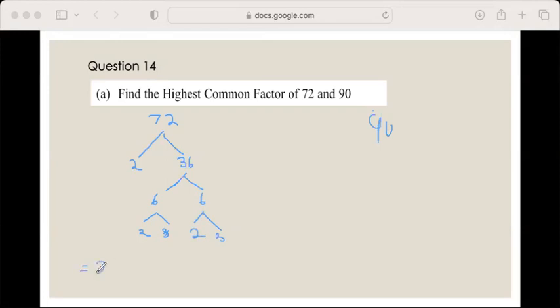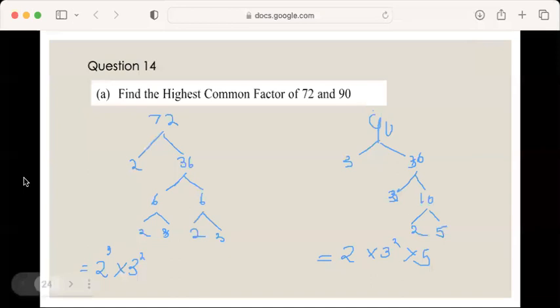That means 2 to the power of 3 and 3 to the power of 2. 90. 3 times 30, I'm sorry, and 3 times 10, 2 times 5. So the prime factors are 2, 3 squared, and 5. Right. I believe up to this point you're correct.